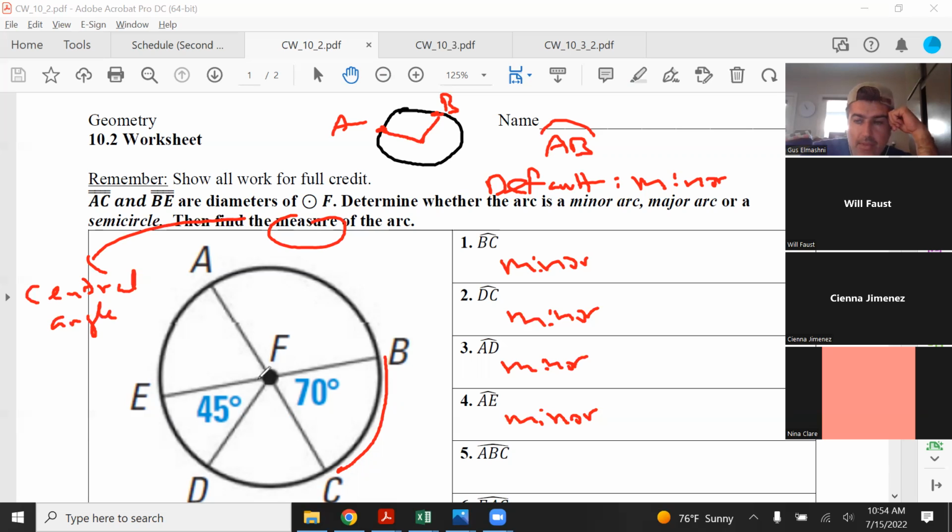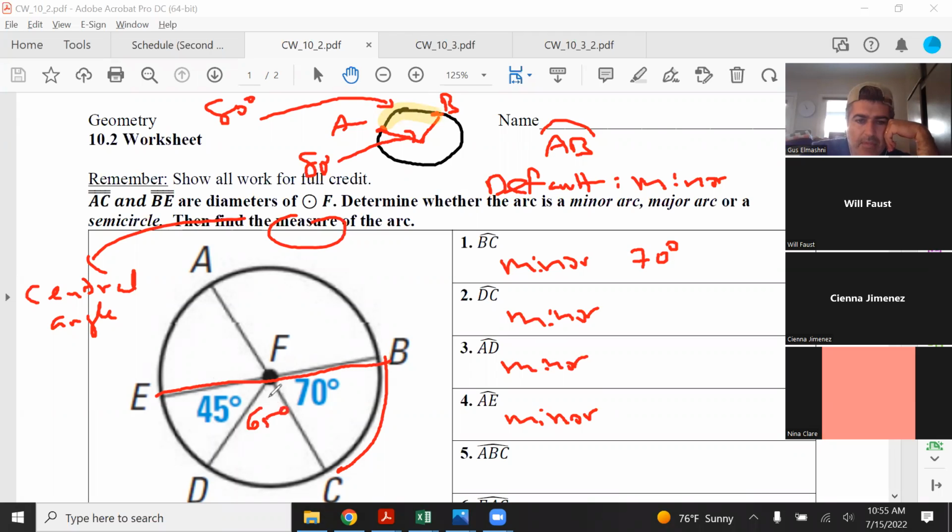The central angle is the angle formed between the radii, using the center as a vertex. So for example, if this were 80 degrees, this arc here is also 80 degrees. So for BC, that's 70 degrees. Now here, because you have a diameter, you have 45 and 70, that's 115.